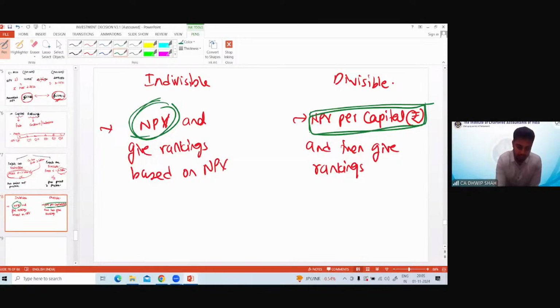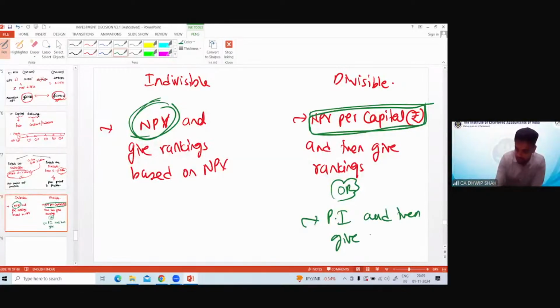So under the indivisible technique, your rankings of the project will be purely on NPV. And under the divisible technique, your decision making, your rankings would be on NPV per rupee of capital invested. Or you can also use the PI technique to give rankings. These both will give the same result only.